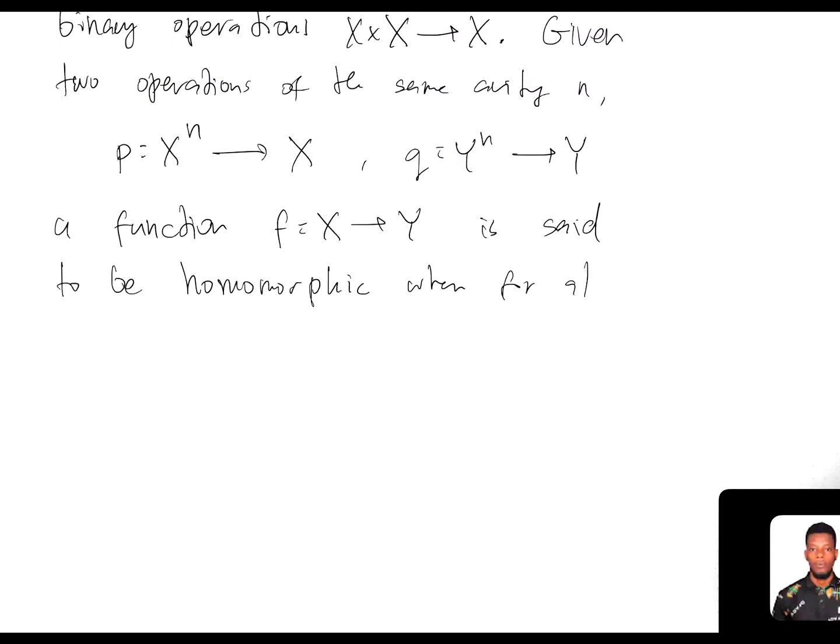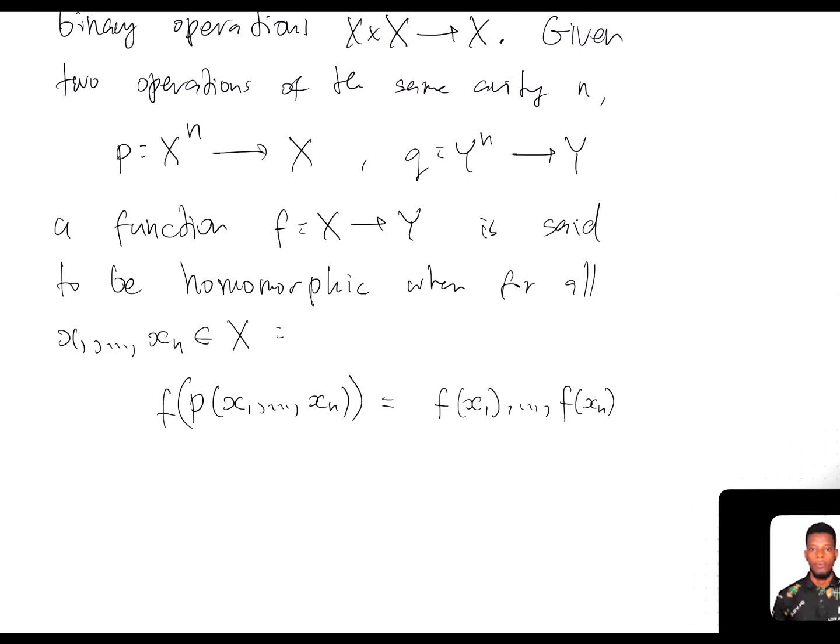And this must hold for all values x1 up to xn in X. So if I first operate on my values, and then apply my function f to the result of the operation, this must be the same as first mapping the elements x1 up to xn by the function f, and then applying the operation we have on Y.